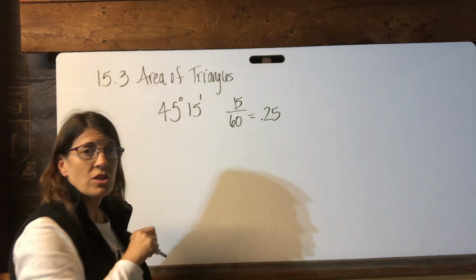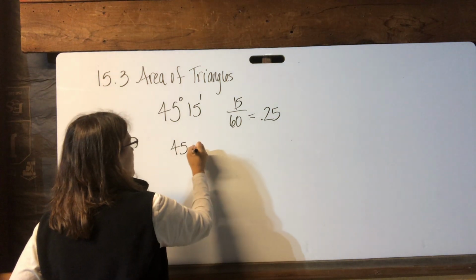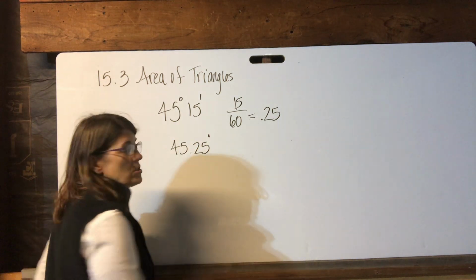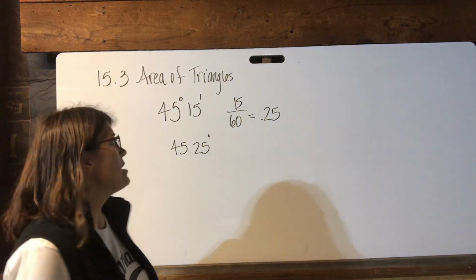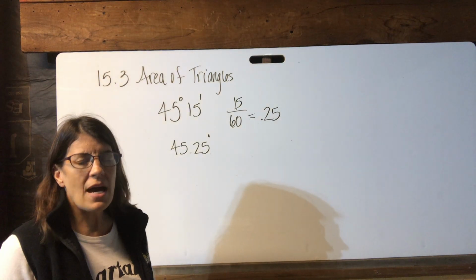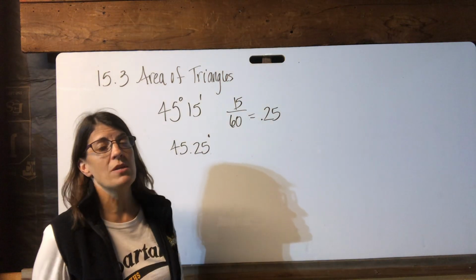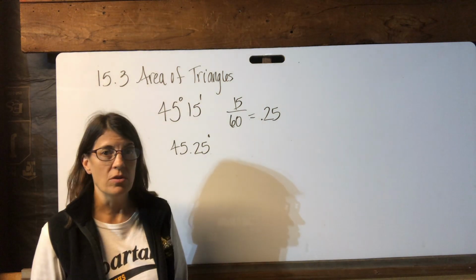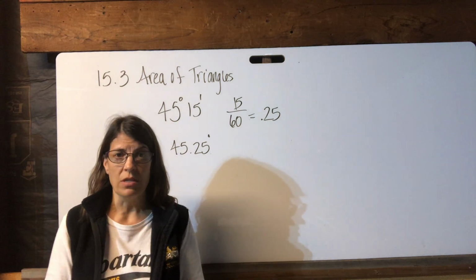So 45 degrees and 15 minutes is 45.25 degrees. Instead of using a decimal, they use the apostrophe symbol. If you see that, you need to convert the minutes into a decimal to make it degrees. That does occur in section 15.1 with a couple of the problems.